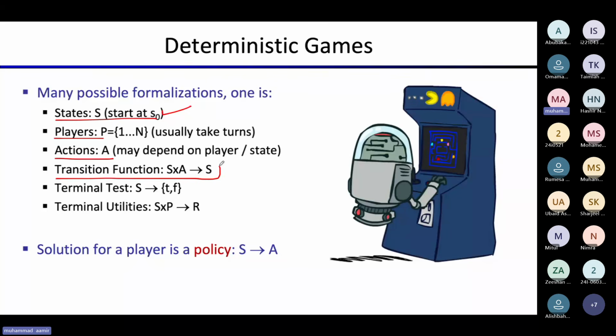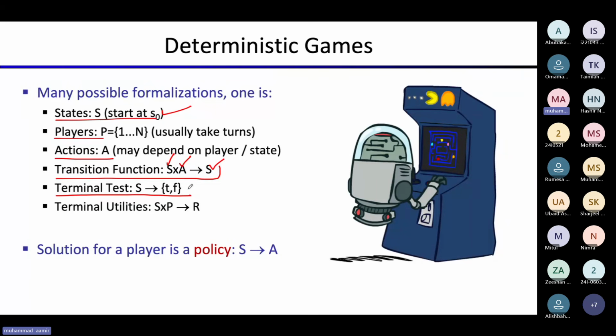The successor function was: if you input the current state and all the possible actions, what will be the next state? So this is the transition function, or you can also call it the successor function like in our regular searches. A terminal test is the same as the goal test we studied in the regular searches.